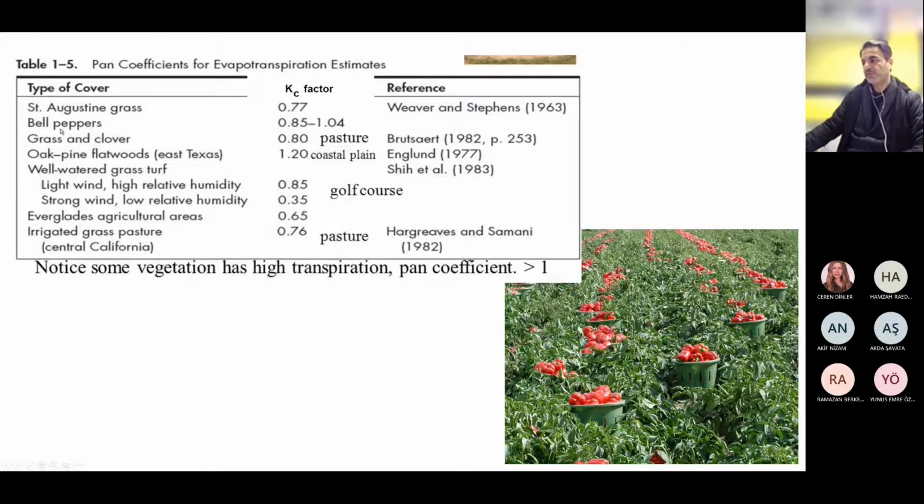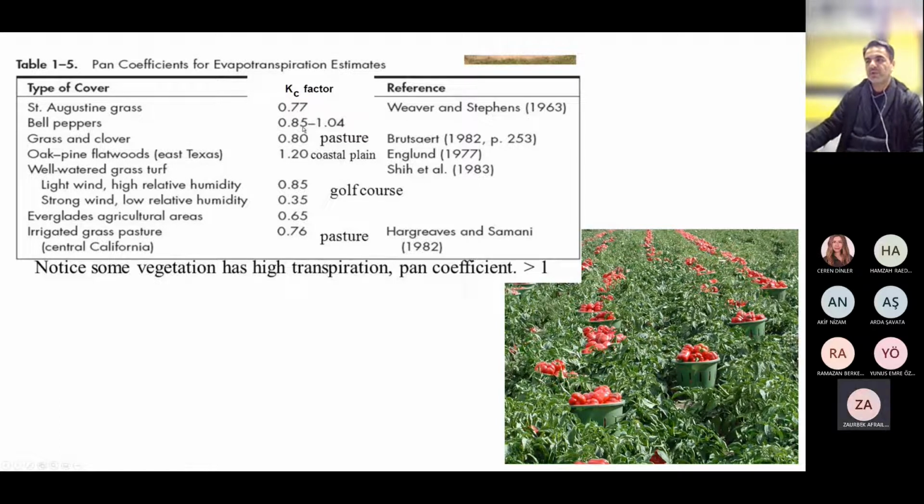And for example, for a land like here, bell peppers, this is a bell pepper growing area, Kc for calculation of ETc should be considered something between 0.8 up to 1, and even sometimes more than 1, but very close to 1.